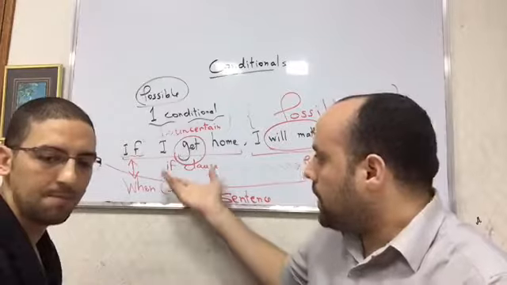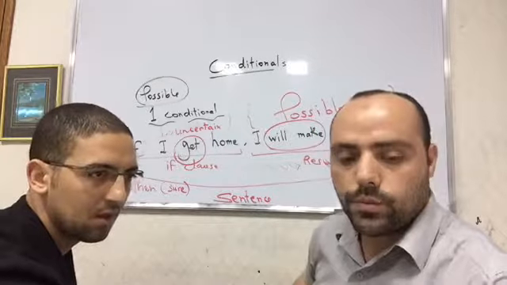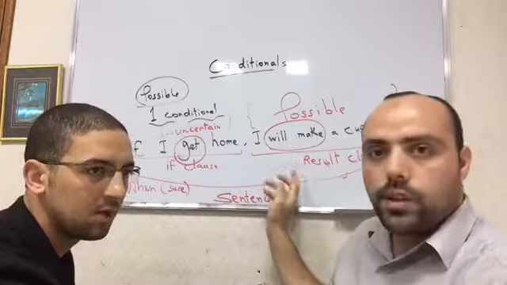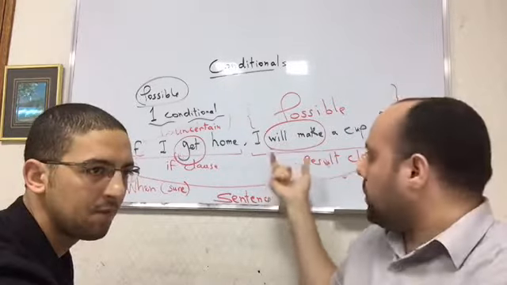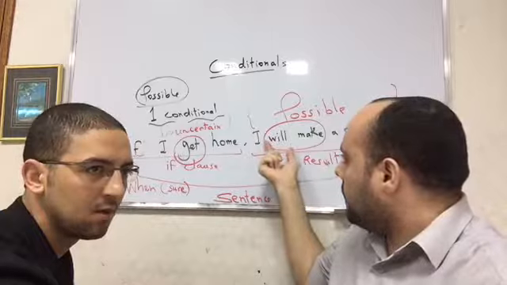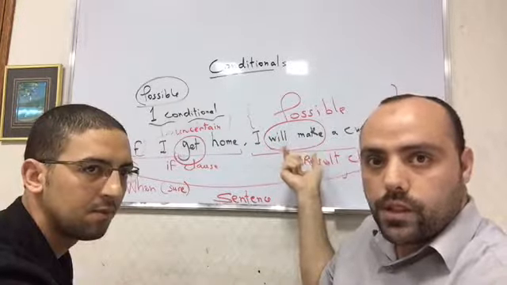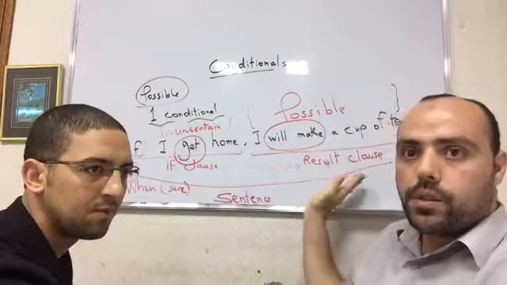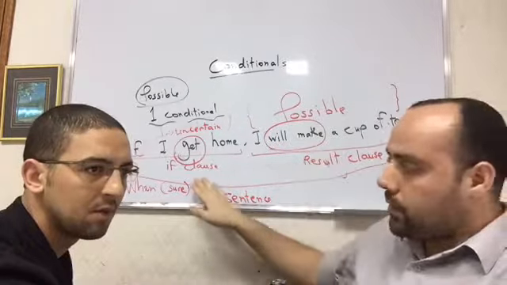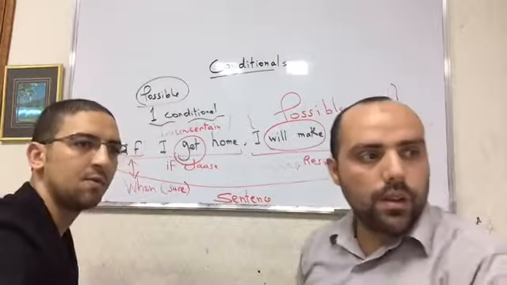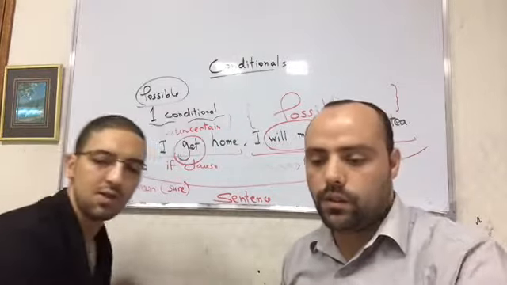So this is just a quick revision for the present simple tense. And the result clause is going to use the modal verb will plus the verb infinitive to express the result of the if clause. So it is easy.